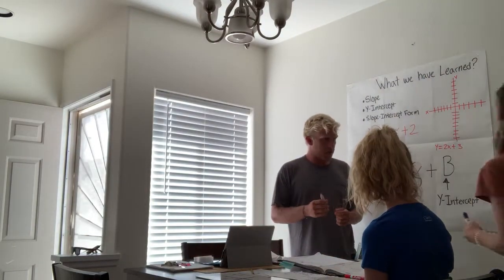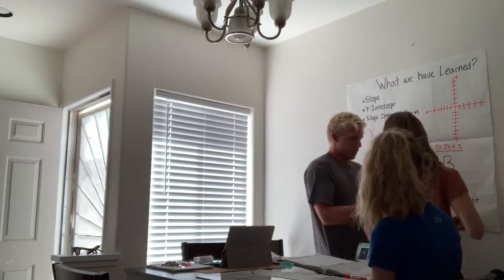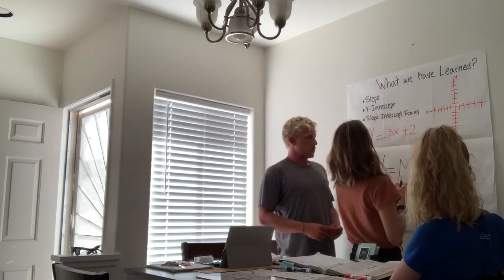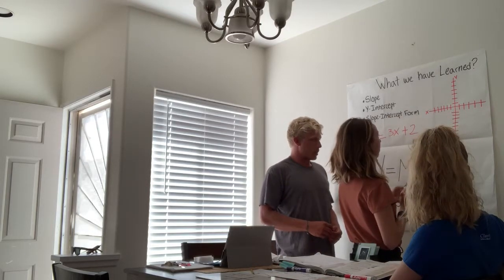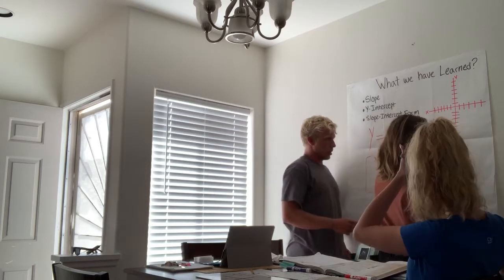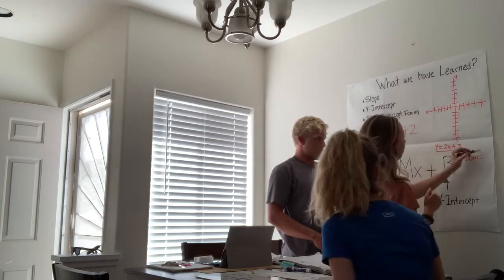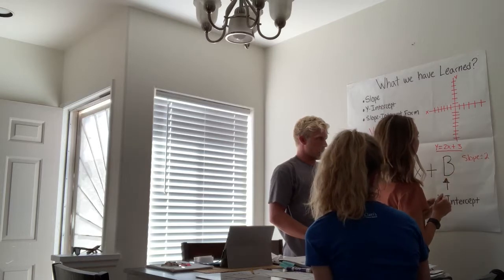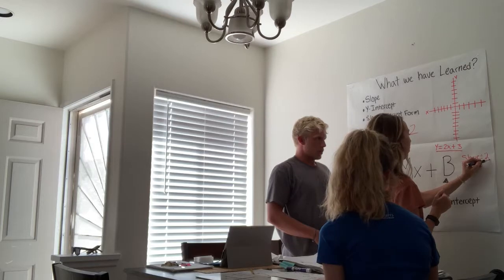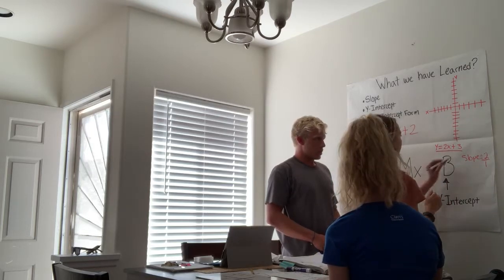This is different than the one we just did. This is your equation for slope-intercept form. You can always write slope here. What does that equal? Equals 2. Is it just 2, or do we do rise over run? 2 over 1. And what's our y-intercept? The y-intercept is 3. Yes.